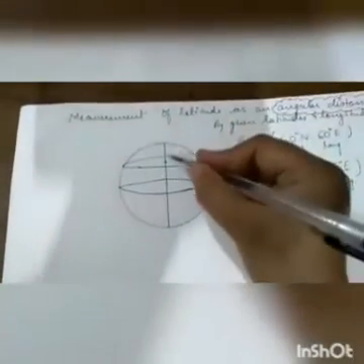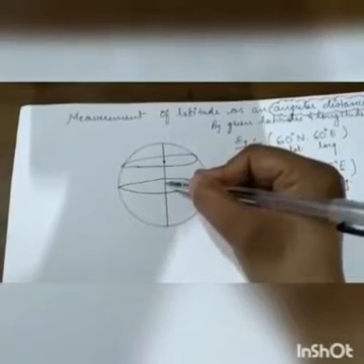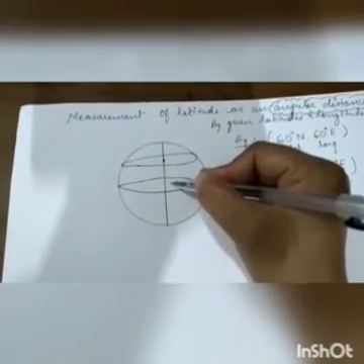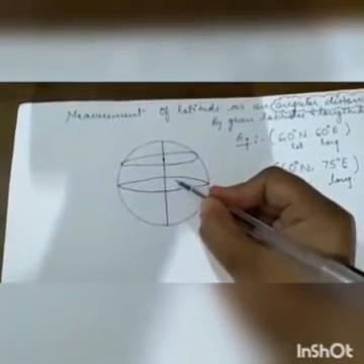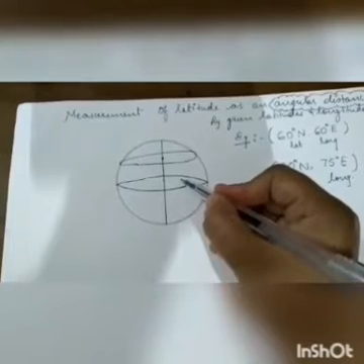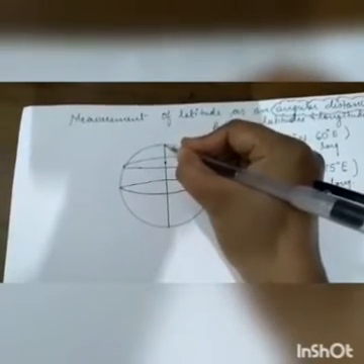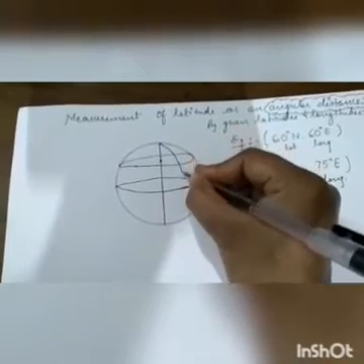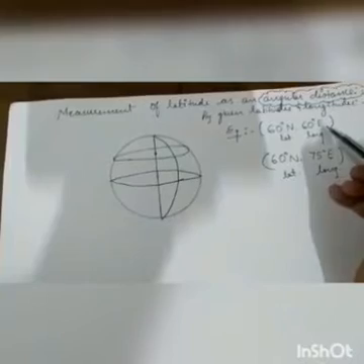This is 0 degree longitude, then 15 degree east, towards east we are going, that's the east longitude. Then 30 degree, then 45 degree, then 60 degree east longitude. So this is 60 degree east longitude.